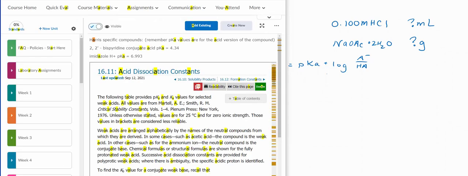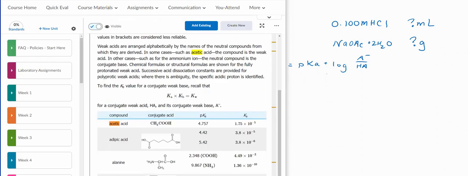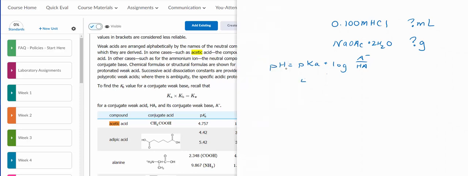So I'm going to come over here and look up acetic acid with a pKa of 4.757. I'm looking for a pH of 5.00. Sodium acetate is going to react with the hydrogen from the hydrochloric acid in order to form our acetic acid.